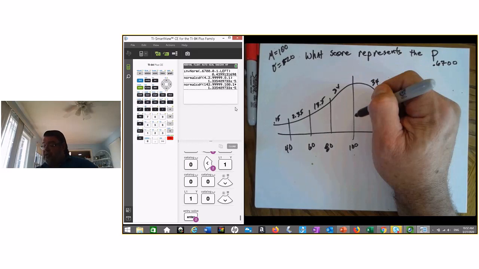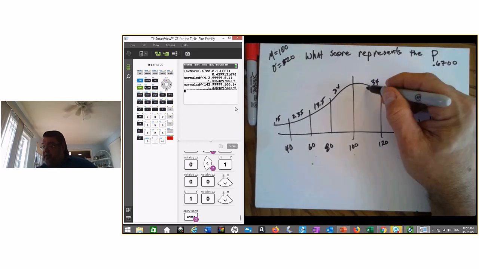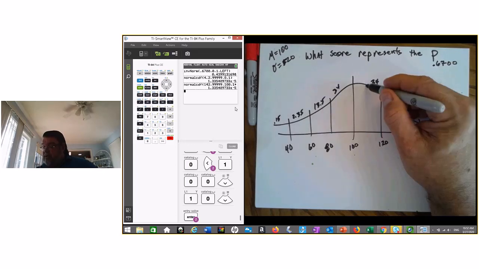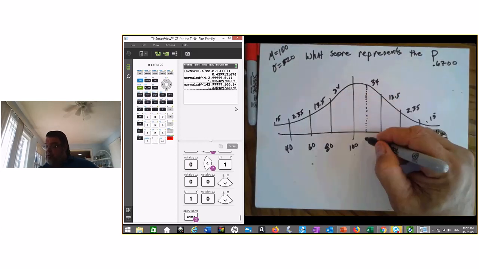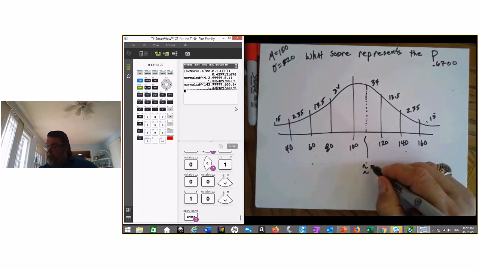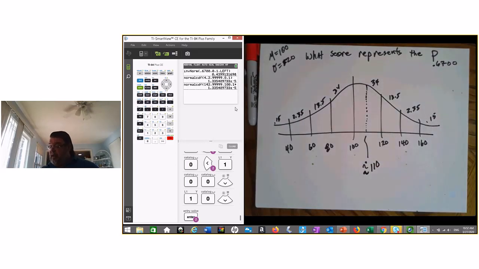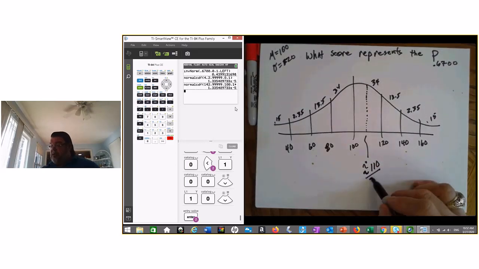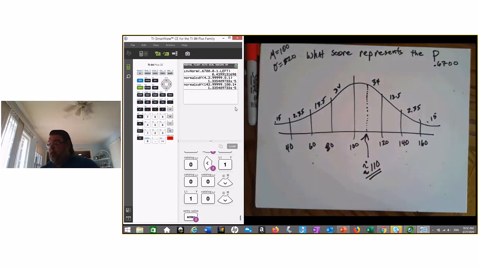We know this is 67. I think we did this one a while ago. So 67 would be right in here. Of course, I would get 110. So I'm going to say approximately, by the empirical rule, 110. That's why I make the squiggle with the dot. So that's an estimate. I'd say the test score of 110 by the empirical rule is around the 67th percentile.